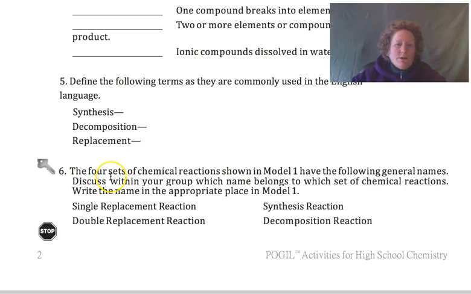Your goal in question 6 here is there are these 4 sets of chemical reactions, and you want to label each set. Which set represents single replacement reactions, which set represents double replacement reactions, which set represents synthesis reactions, and which set represents decomposition reactions.